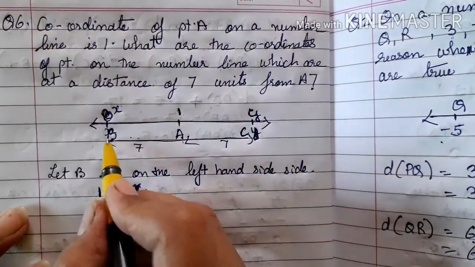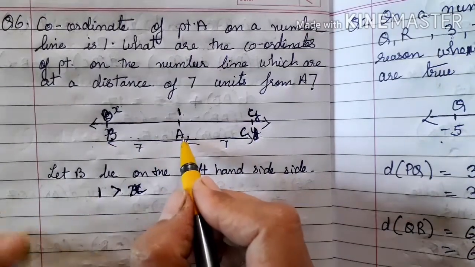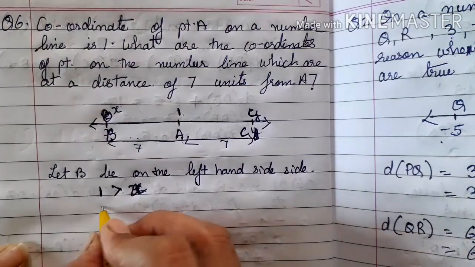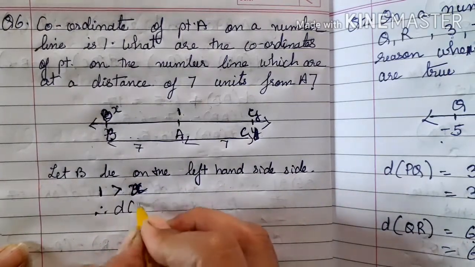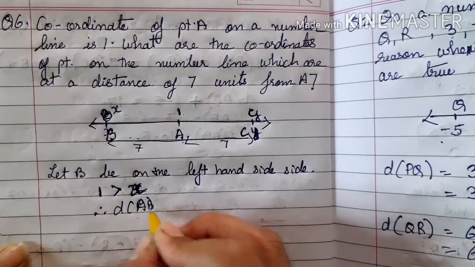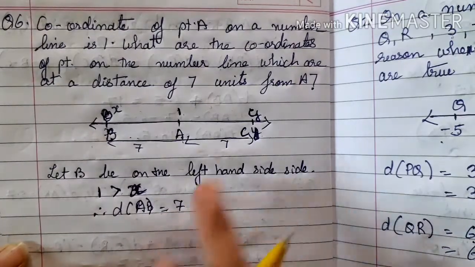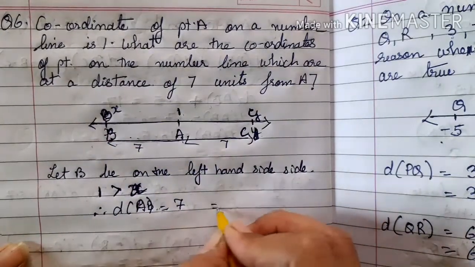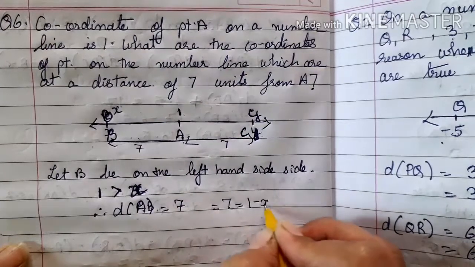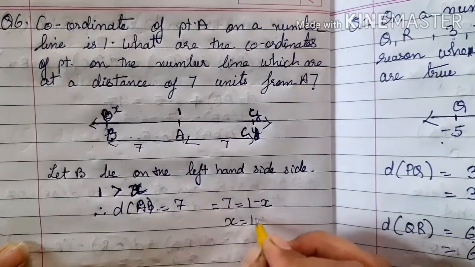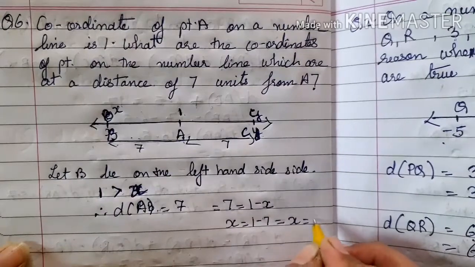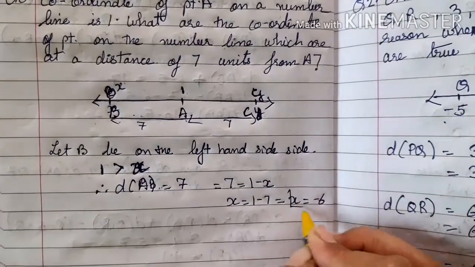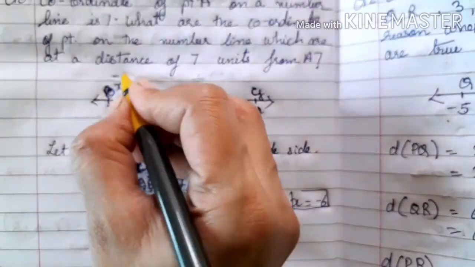As I said, this number is going to be smaller according to A. A is going to be greater than B. So, what we have to do is distance of AB is equal to 7. That has been given. The distance between AB is 7. So, 7 is equal to 1 minus X. X is 1 minus 7, that is X is supposed to be minus 6. Got it? Now, we got X. What is supposed to be X? Minus 6.